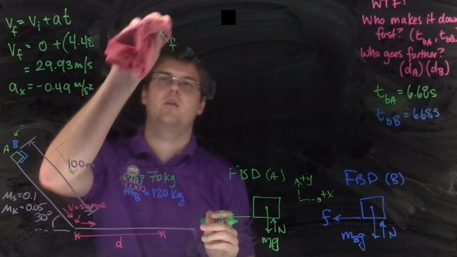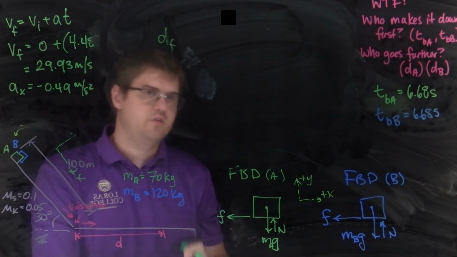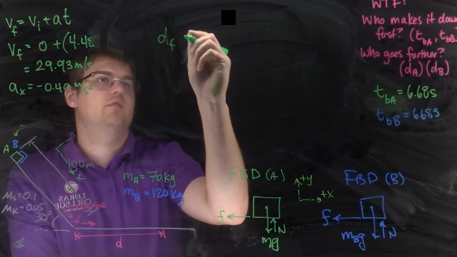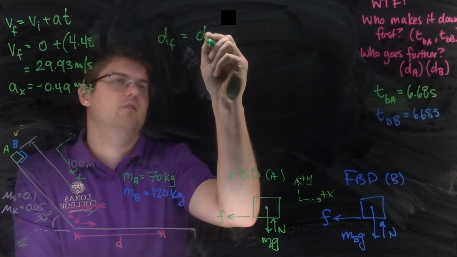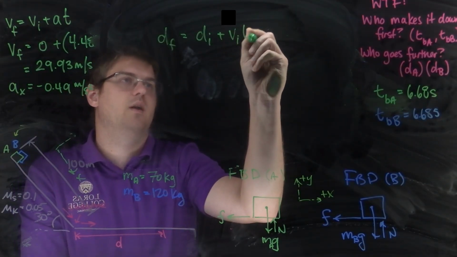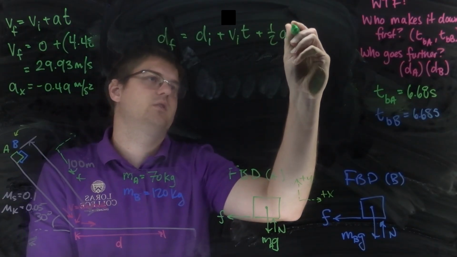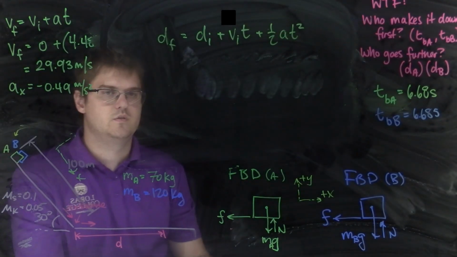So once again, we want to know how far we make it, in this case, XF, we're going to call my distance final. What is the total distance I'm traveling? My distance final is going to be equal to my distance initial plus my velocity initial times my time plus 1/2 my acceleration times my time squared.